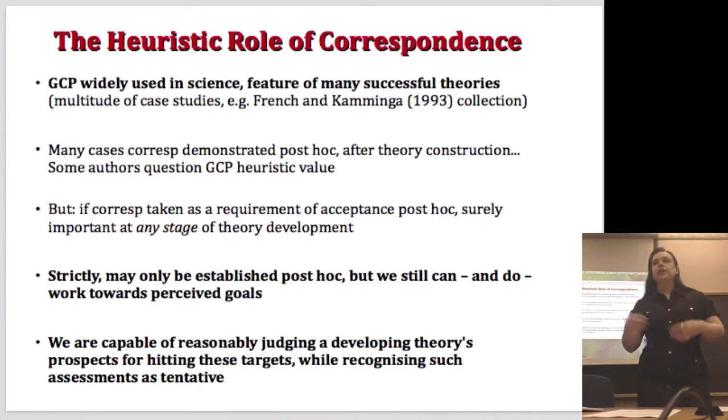But as I've already begun to argue, if we view correspondence as important after theory construction, then surely it's something that's important at any stage. So even if the textbook enshrined version is only going to come later on, I think we can and do still work towards correspondence. And I think we're capable of reasonably judging a theory's prospects, kind of hitting these constraints, while recognizing that these might not be the final ones. These are all tentative assessments.